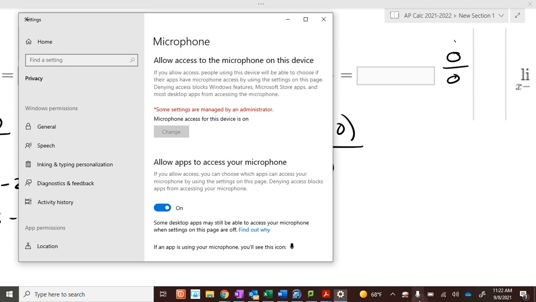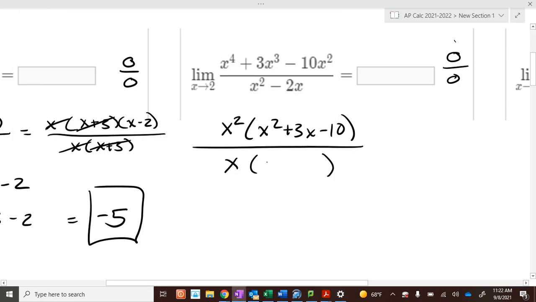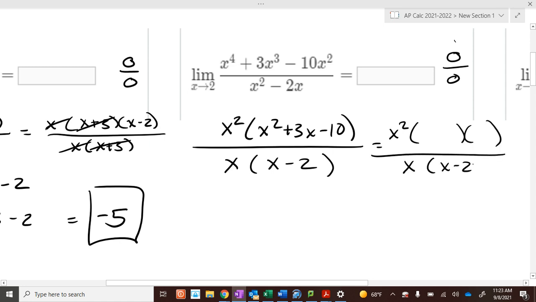So take out an x and you get x minus 2. Okay. So what do you think one of the other factors is going to be, as we keep factoring the top? X minus 2. Amazing.